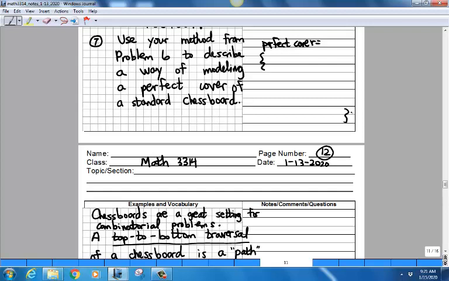So remember how many things have to go into a perfect cover? 32, right? Because it consists of all those dominoes. So perfect covers are kind of complex things.